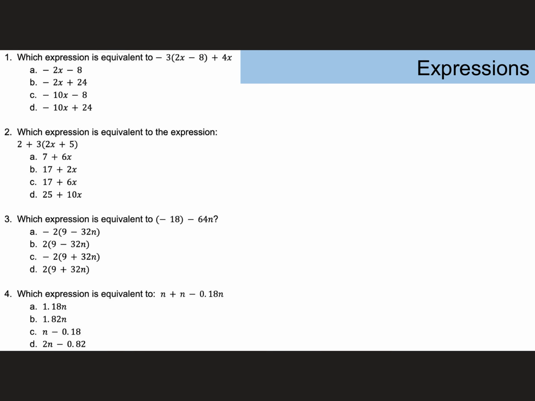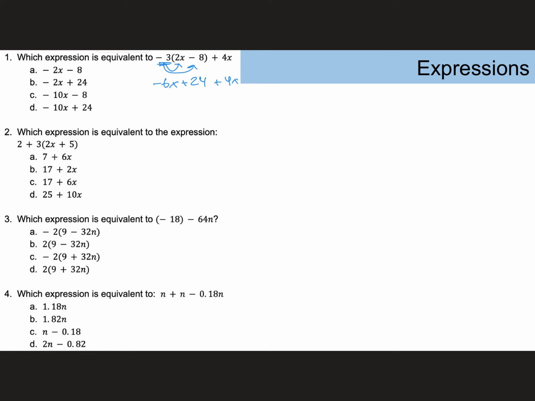Okay, so with a multiple choice problem like these, we're going to solve them. Which expression is equivalent to negative 3 groups of 2x minus 8? First, just simplify it. Negative 3 times 2x is negative 6x. And negative 3 times negative 8 is plus 24, and then plus 4x.